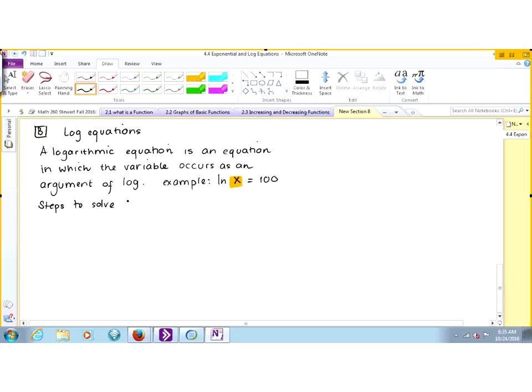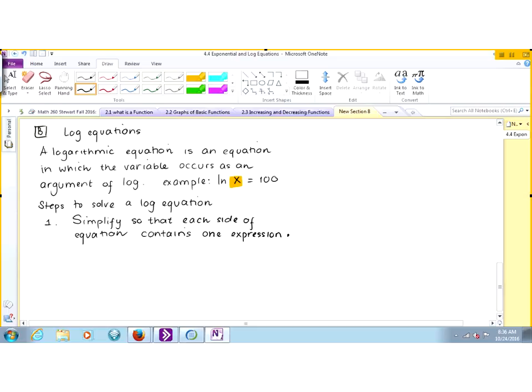So, steps to solve a log equation. Simplify so that each side of the equation contains one log expression.